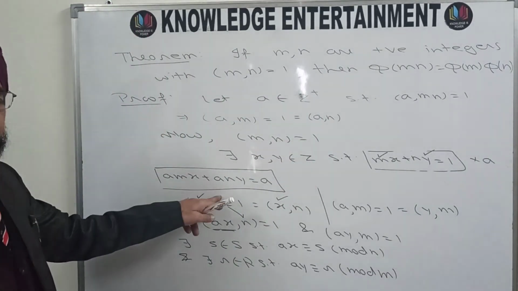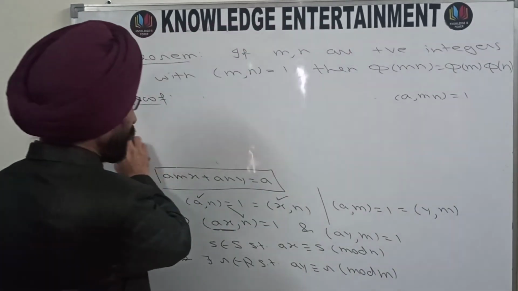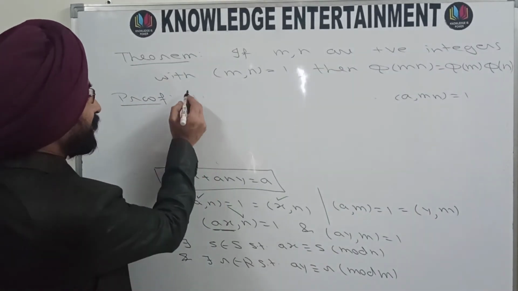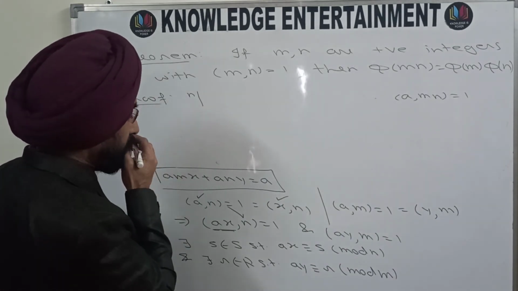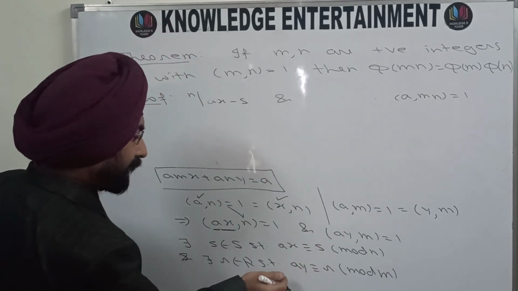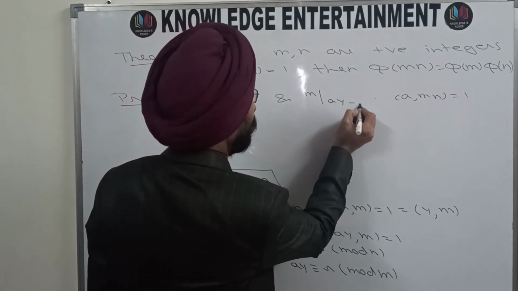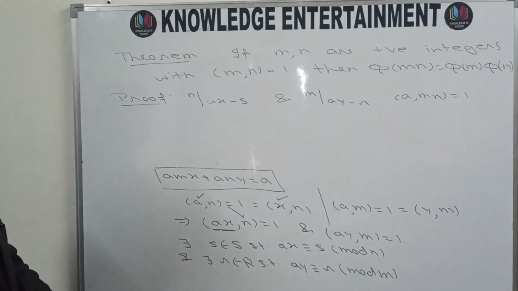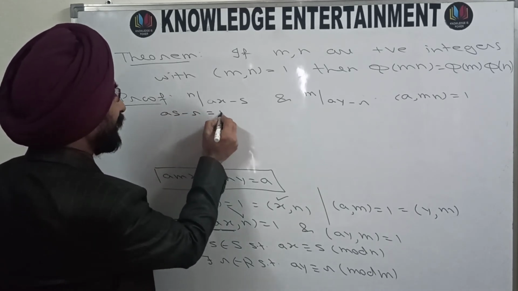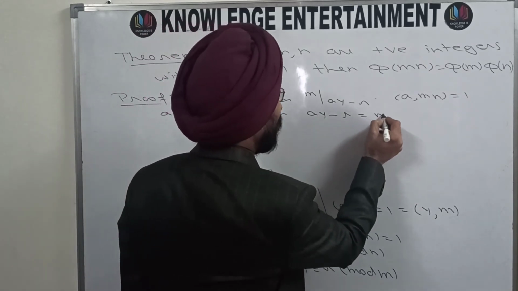Now I'm erasing the part written above this line. Now from here n divides ax minus s, and from this m divides ay minus r. Or you can say ax minus s is n times k1, and ay minus r is m times k2.